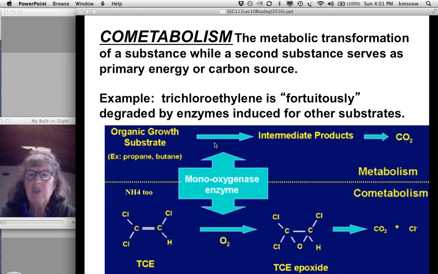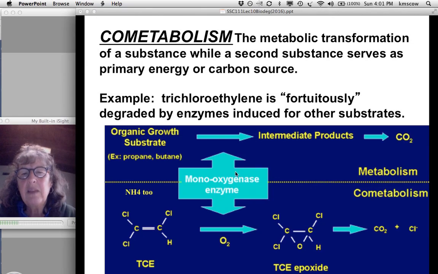And this picture shows it here. Trichloroethylene is an example of this, a chlorinated solvent that is co-metabolized by a lot of organisms. So here's what the organisms want. These are like aromatic degraders that have this monooxygenase enzyme system. So they're being fed propane or whatever and breaking down to intermediates into CO2, just going on living their normal life, and you're slipping in the trichloroethylene.